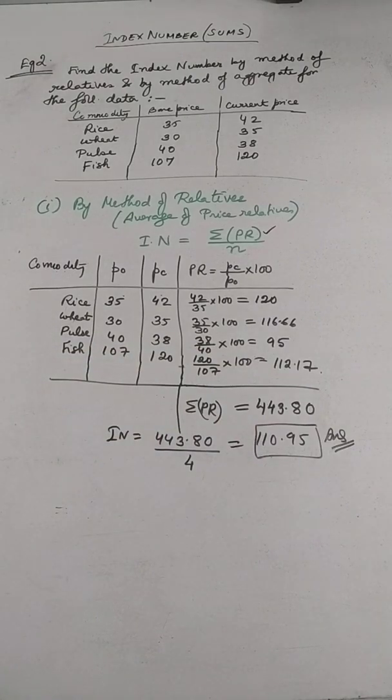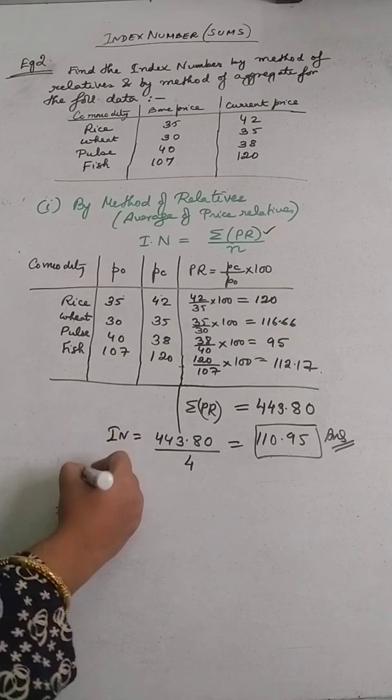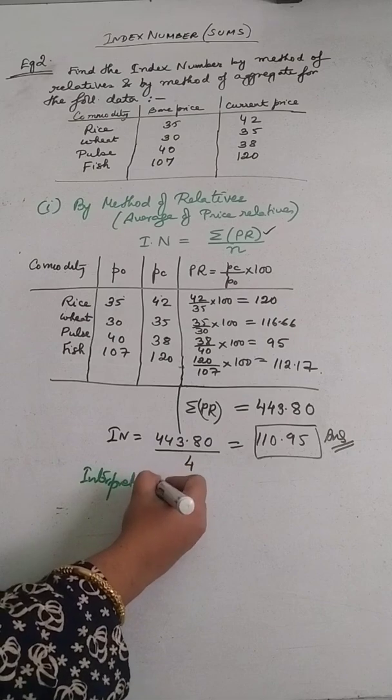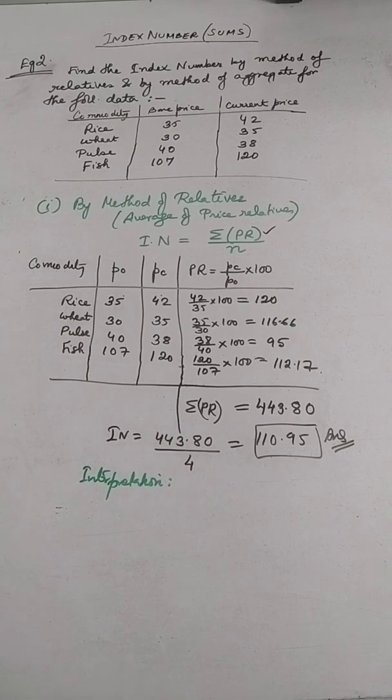Now there is an interpretation to this which I did not discuss earlier. What are we doing actually under index number? Price in the current year by price in the base year into 100. So I think I'll write that. What is the interpretation over here? What is the meaning of index number? Interpretation. Okay.